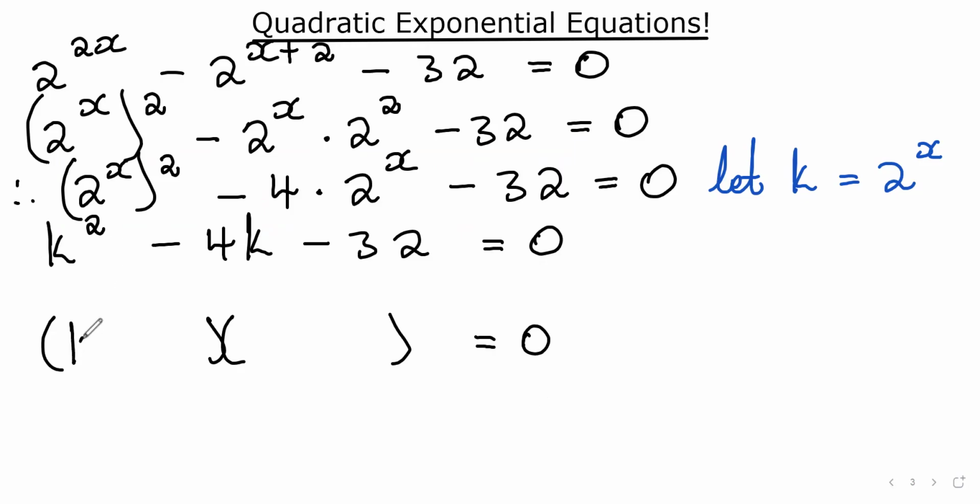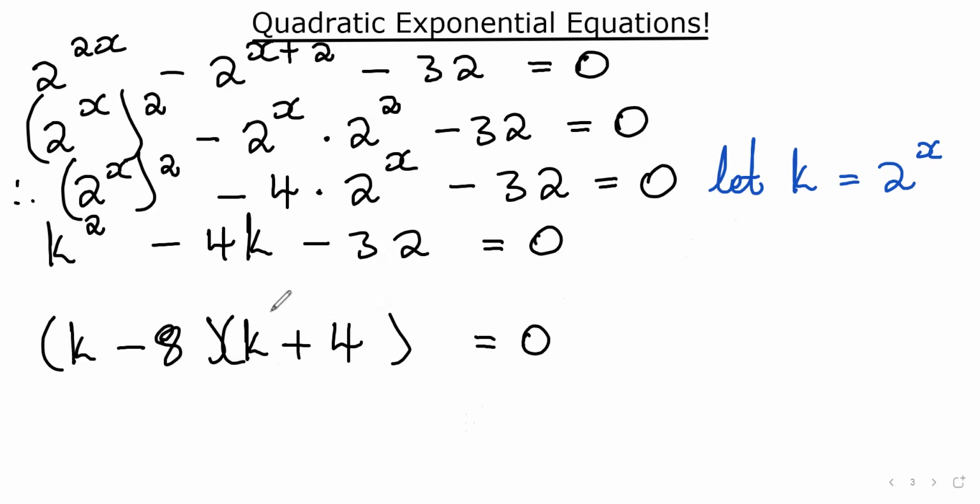You now say factors of k squared, that is k and k, and factors of 32 that add up to 4. Well, which ones are those? 32 can be written as 16 times 2, which doesn't add up to 4. But then you can also write it as 8 times 4. And the bigger number takes the sign of the middle term. So this is what you can say.